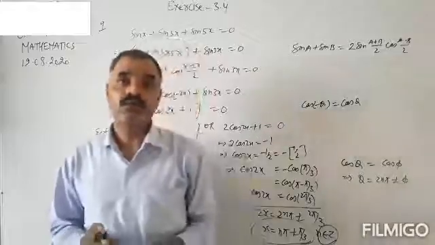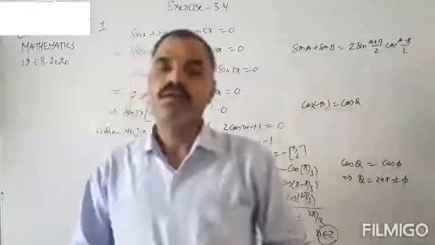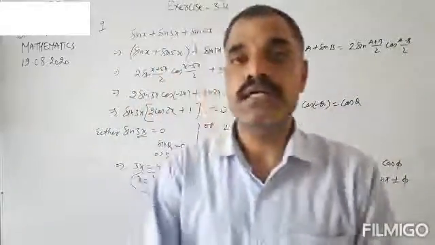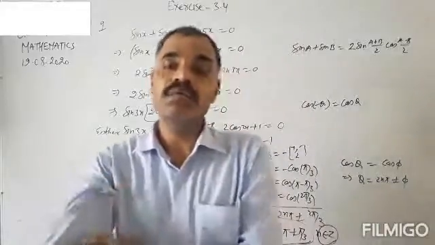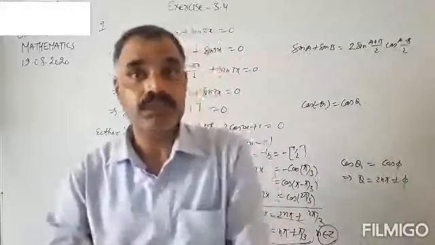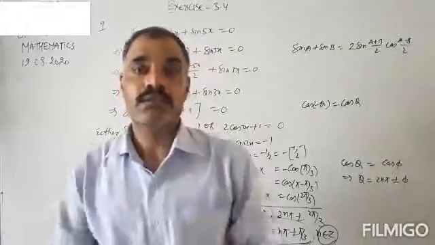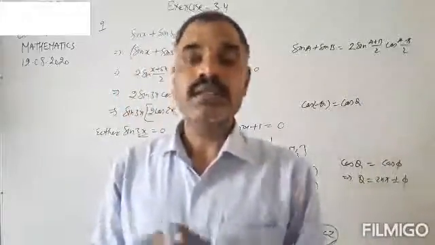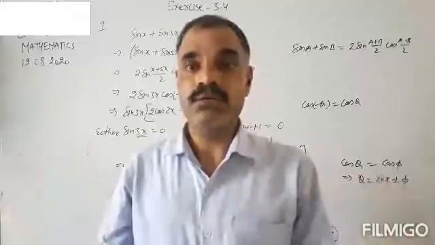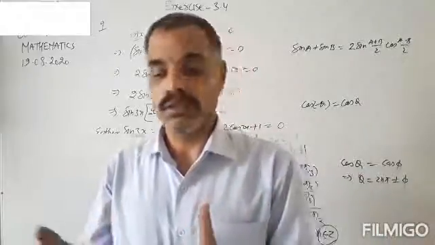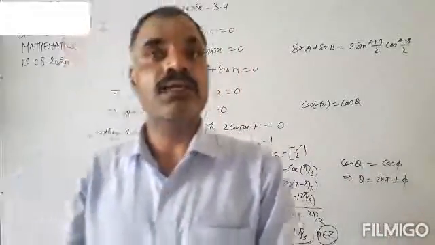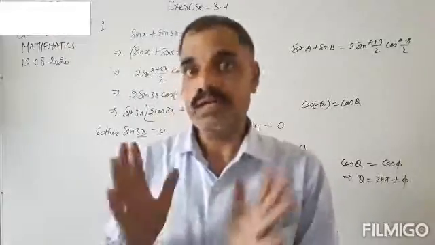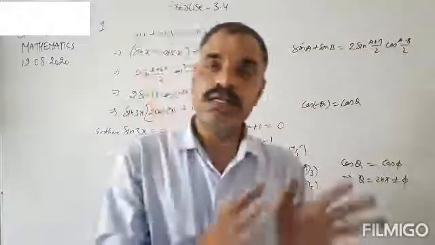So we have solved 7-8 questions of the exercise, and the remaining questions you will solve in your assignment copies. The main thing is to find the particular solution and general solution of the given trigonometric equation. What is a particular solution and what is a general solution?